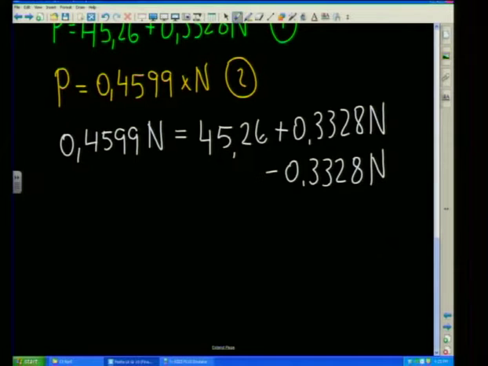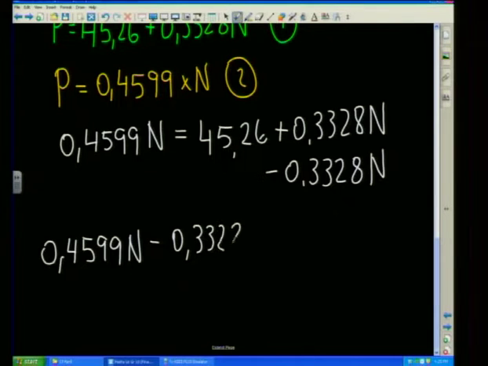And what I do to that side, I have to do to the other side. So on the other side, I'm going to have the 0.4599 N minus 0.3328 N. And that's all equal to 45.26.